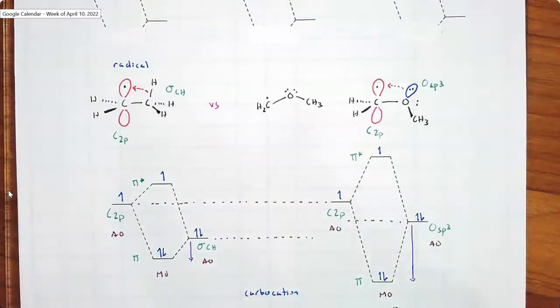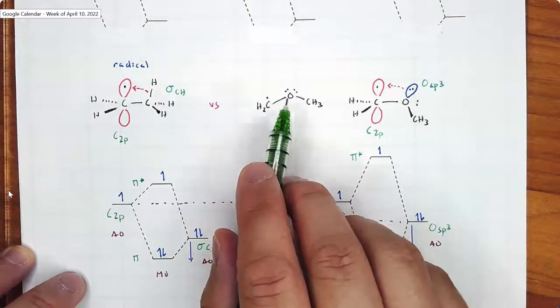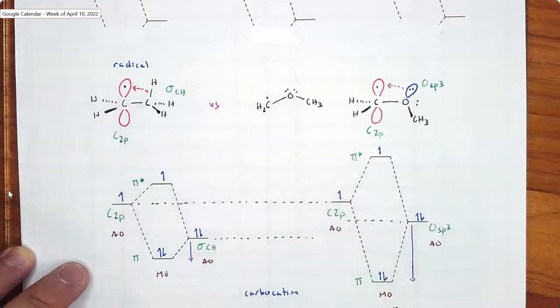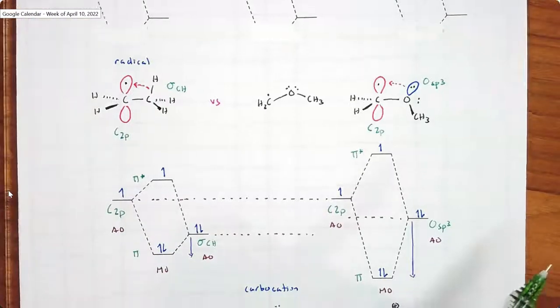The bottom line is that this sp3 hybridized oxygen with its 2 lone pairs is a better stabilizer of radicals than hyperconjugation, the same effect that we see with carbocations.